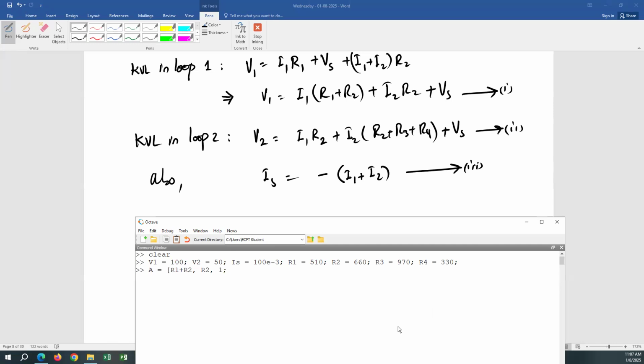Second row, R2, R2 plus R3 plus R4, and the coefficient of Vs is 1 again. And the third row is -1 for I1, -1 for I2, and 0 for Vs, because there is no coefficient for Vs. So that's my coefficient matrix.